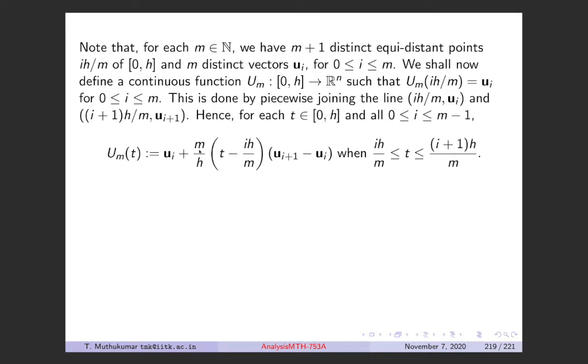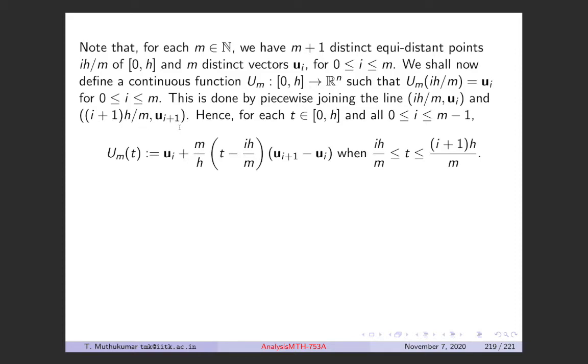Now, if you write down the equation of whatever I just explained pictorially, that is just a straight line joining two points, basically joining IH over M comma Ui to the other point I plus 1 H over M comma Ui plus 1.